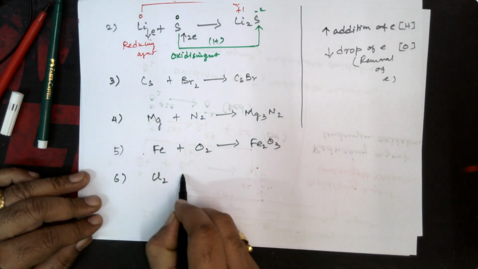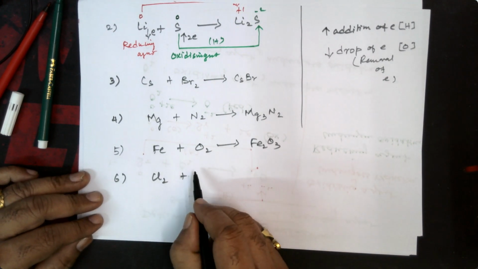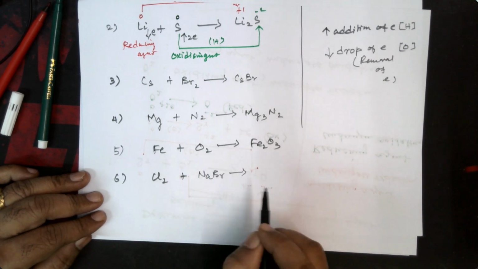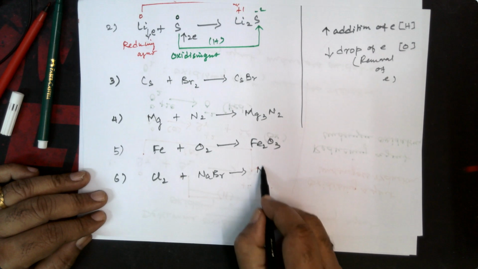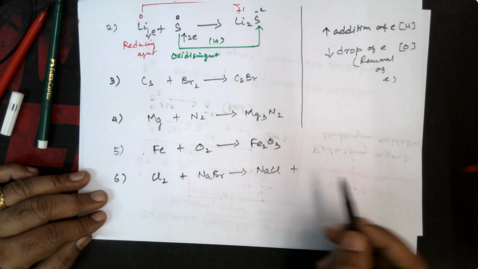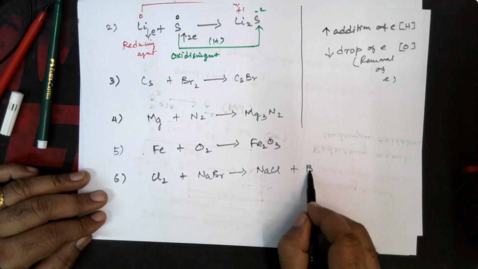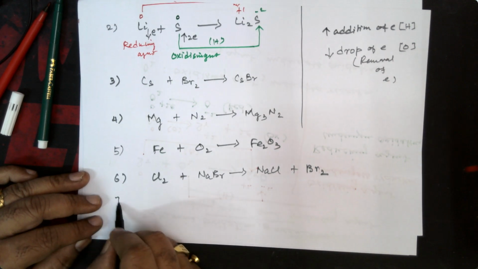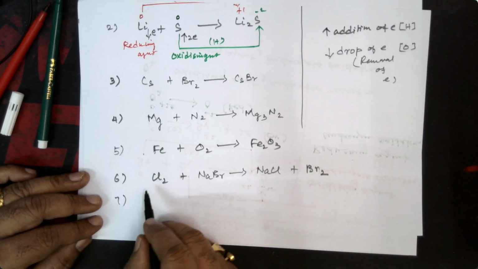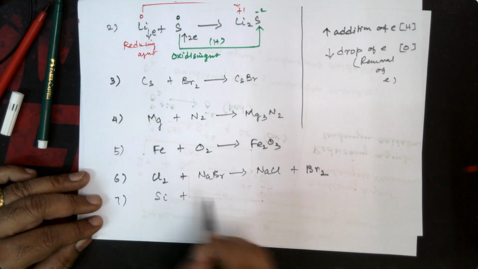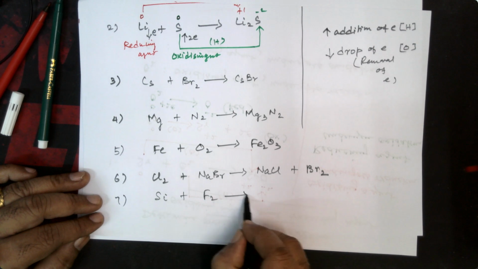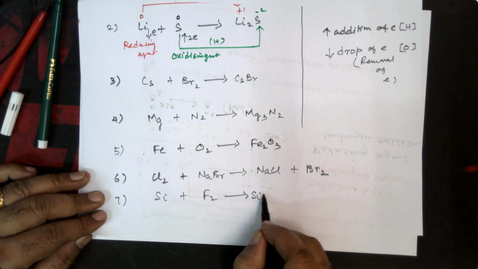Sixth one, Cl2 plus NaBr gives NaCl plus Br2. Okay. Seventh one, Si plus F2 gives SiF4.